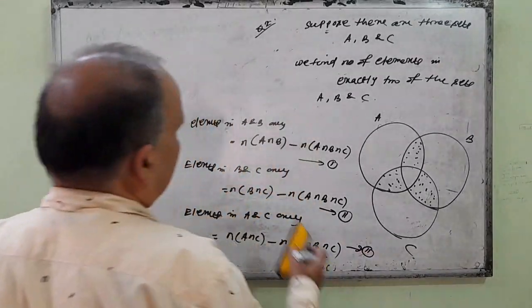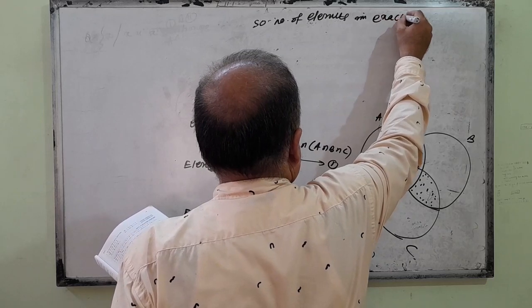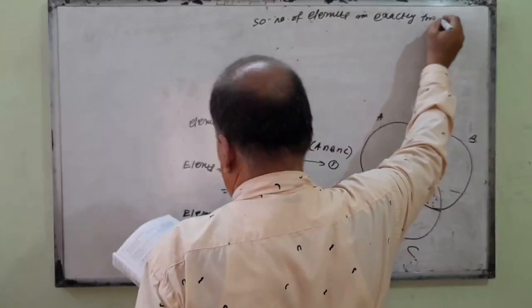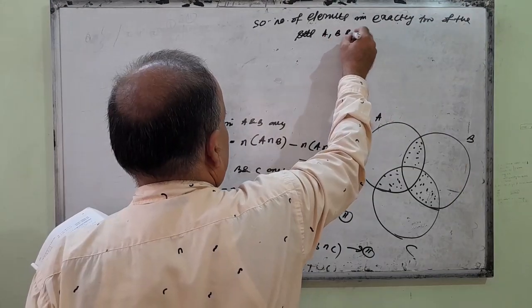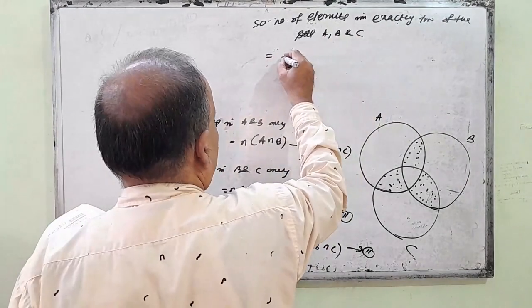So the number of elements in exactly two of the sets A, B and C is equal to what?